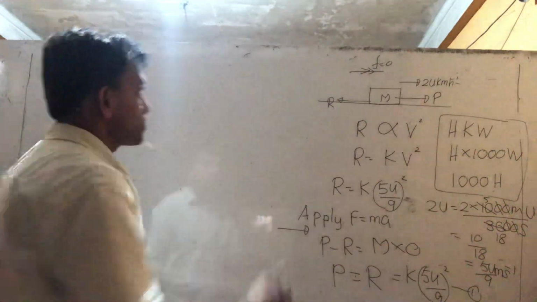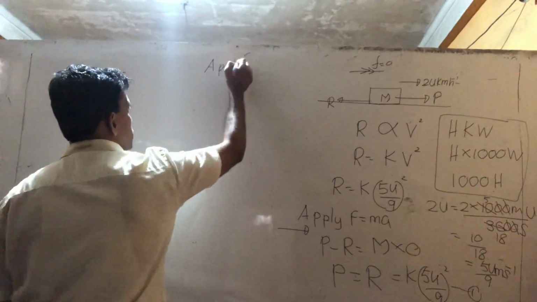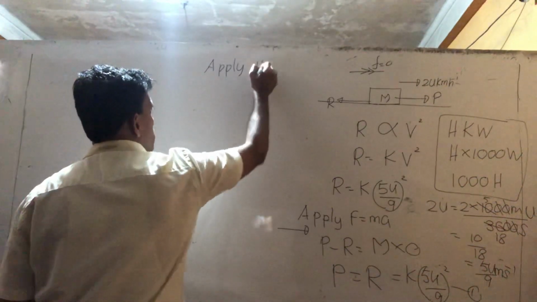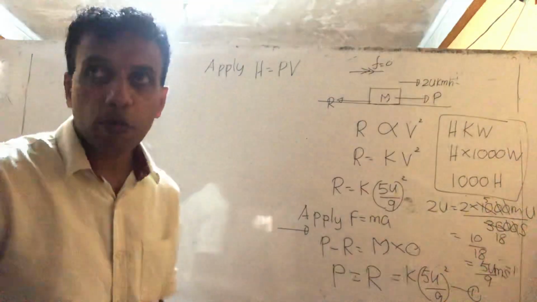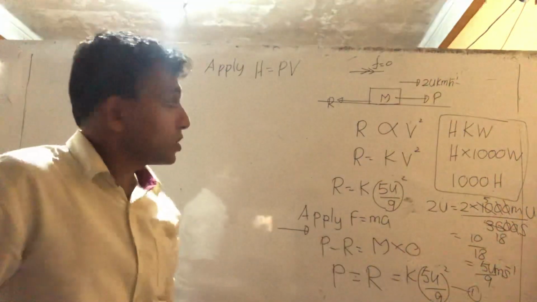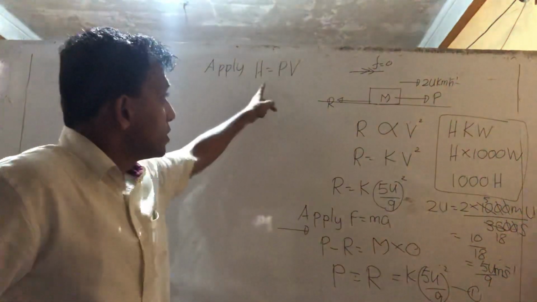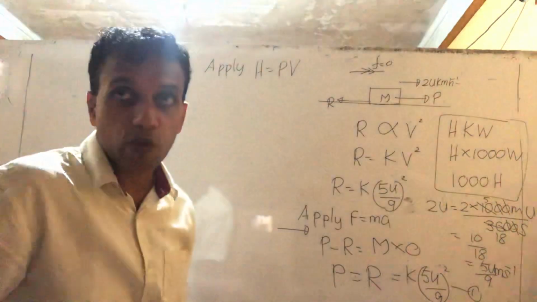Next we apply the H equals PV formula, the one formula especially used in work, power, energy. The tractive force times velocity equals power.